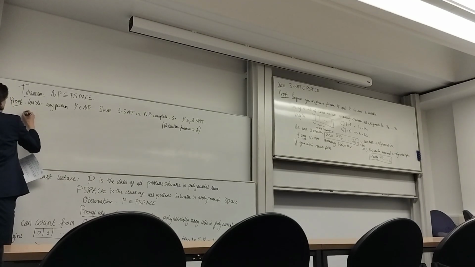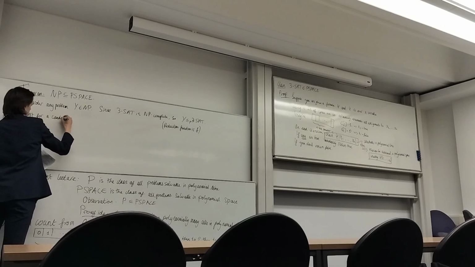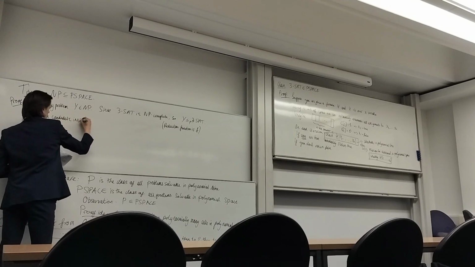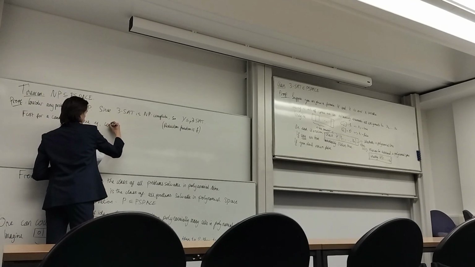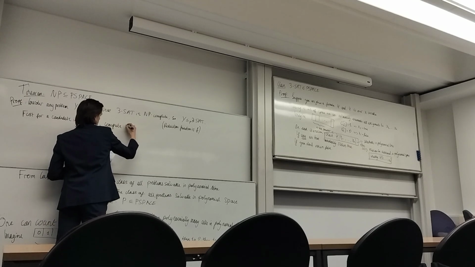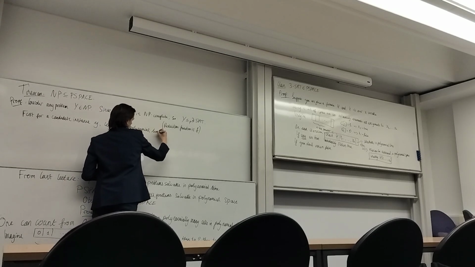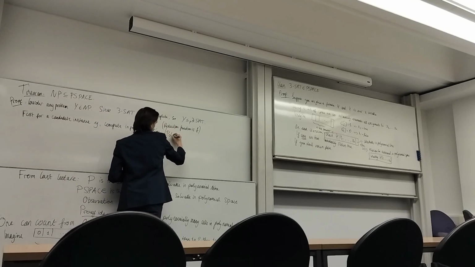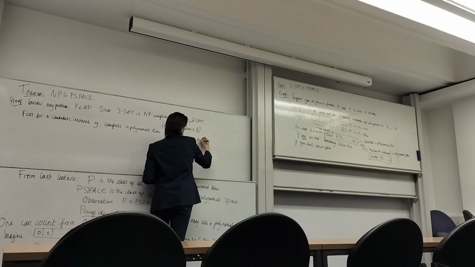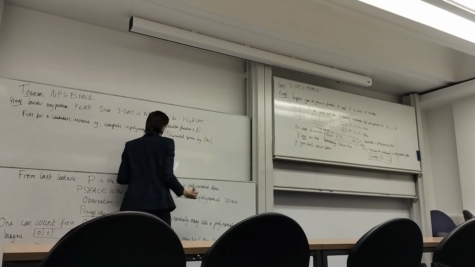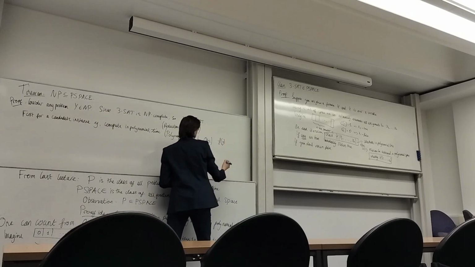So first, for a candidate instance y, which we're hoping to test as in y, compute in polynomial time, which is polynomial space, by the observation, I'll write it over here, f of y.